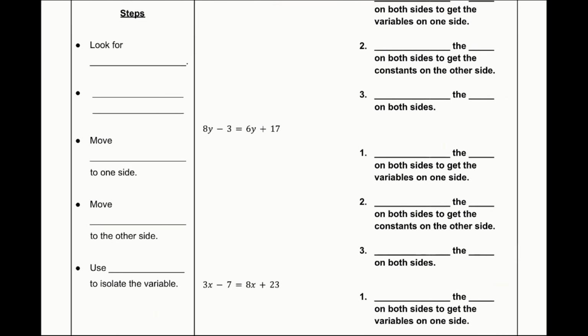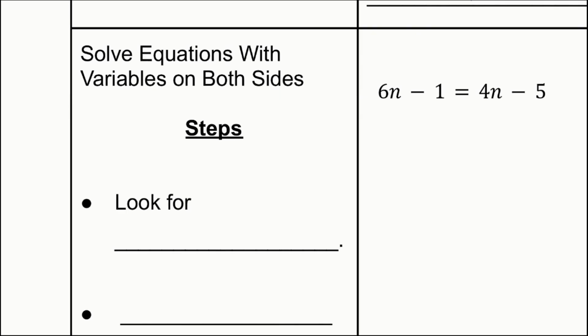All right. I want to address the steps. What we have on the very left side, as it has always been, is our steps to solve the equations. These steps are consistent, so I'm going to refer back to them throughout this video. The very first step that we need to look for is distribution, which is parentheses or brackets, either of those.